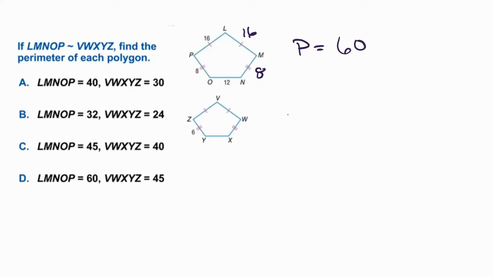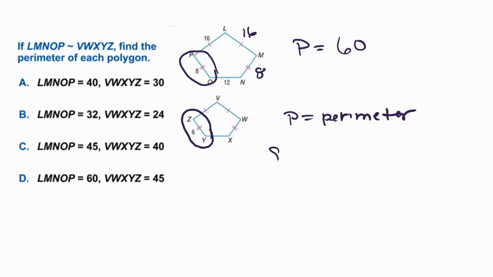We don't know the perimeter of this one, so we're going to let P equal the perimeter. Finding the scale factor, I'm going to look at PO. It corresponds to ZY. So our scale factor is 8 over 6, which reduces to 4 over 3.